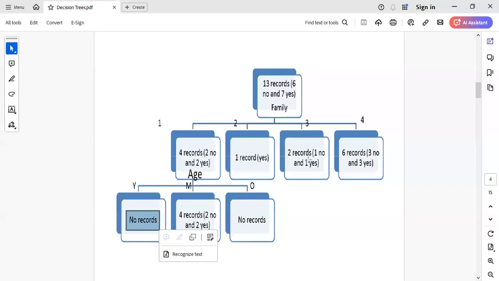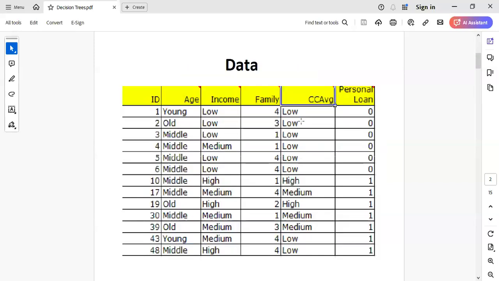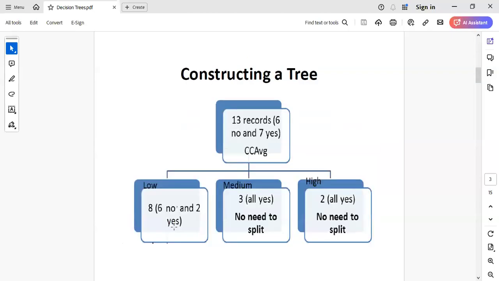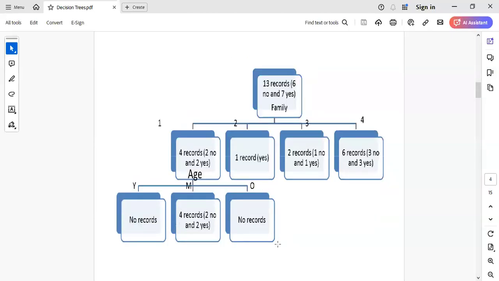Why? Because let us say family is equal to 3. Let us look at that. Family is equal to 3 has only two records, and under age we have old. So there are no records in the other two categories. Suppose we get age also under family is equal to 3, we have only data under old.